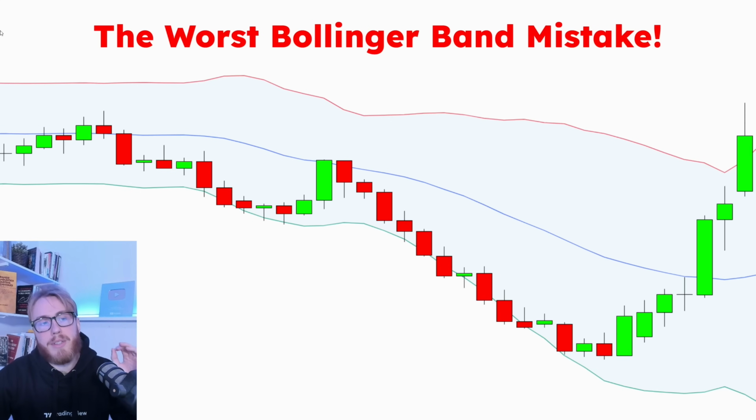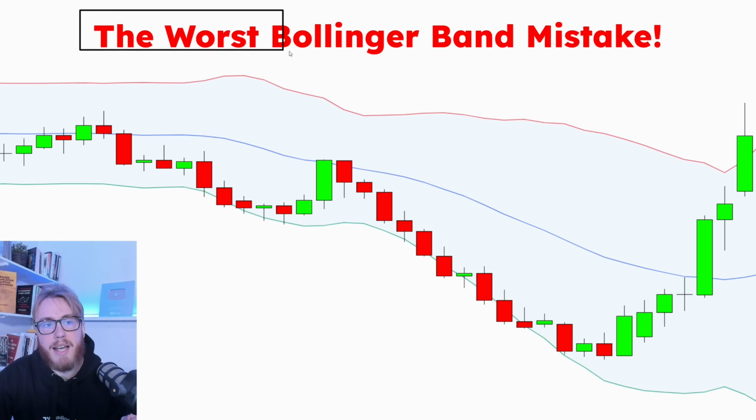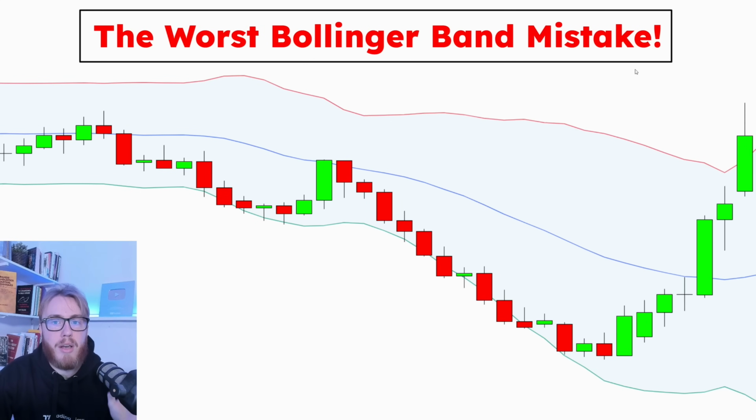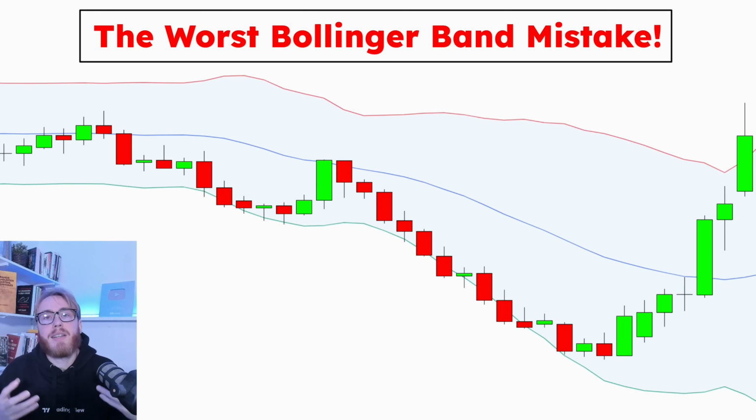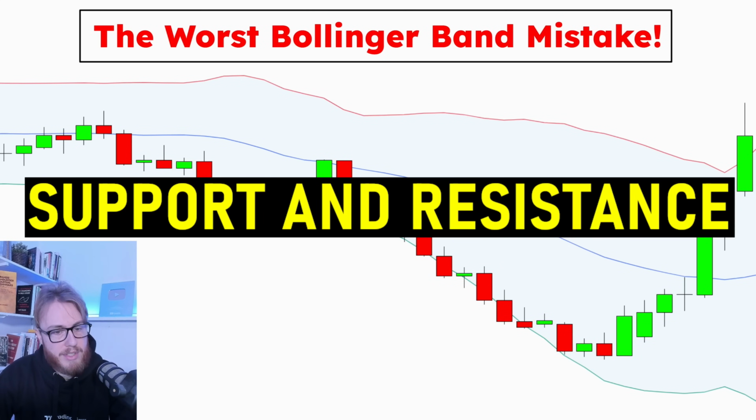But alright, now the time has come to take a look at one of the worst Bollinger Band mistakes that you really need to avoid. You might wonder, what is this mistake? Well, one thing I see so many beginners do is regard the Bollinger Bands as support and resistance.